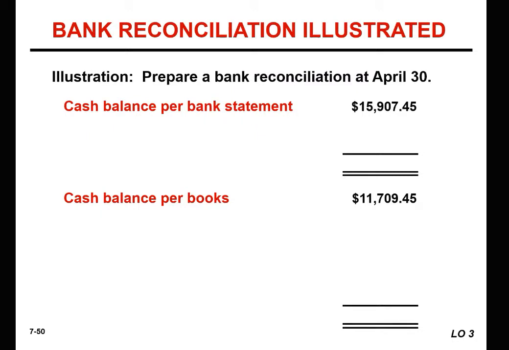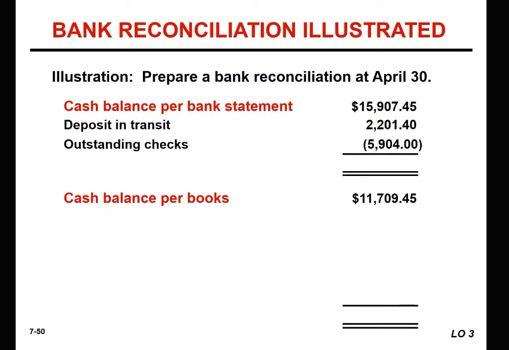So we start with the cash balance per the bank. We add the deposits in transit. We reduce the checks that are outstanding. And that gives us... next we're going to go to the electronic funds transfers that were received.